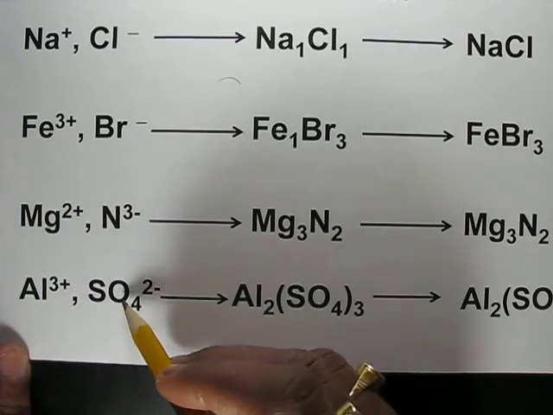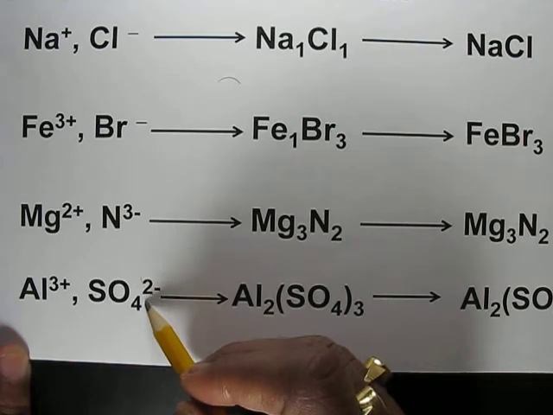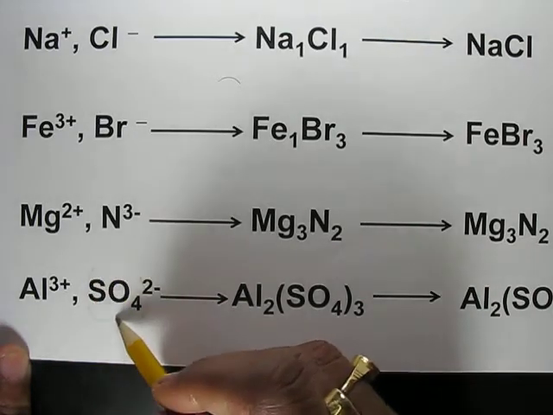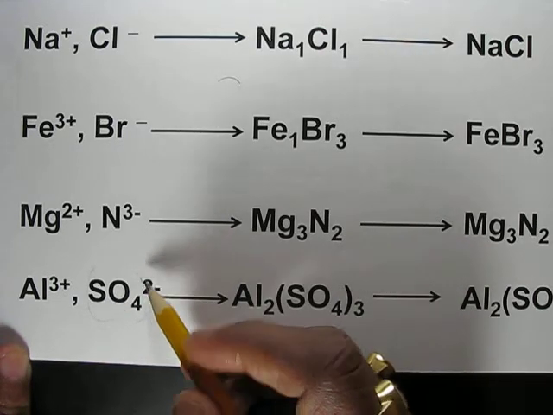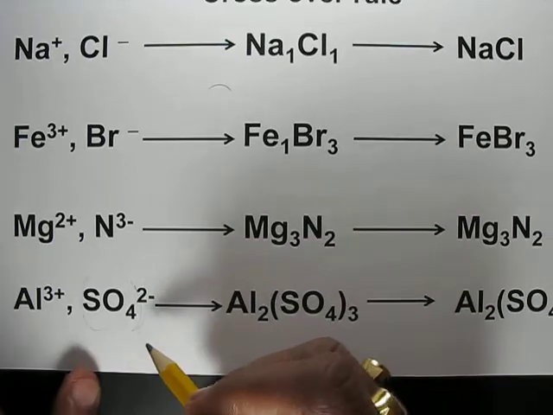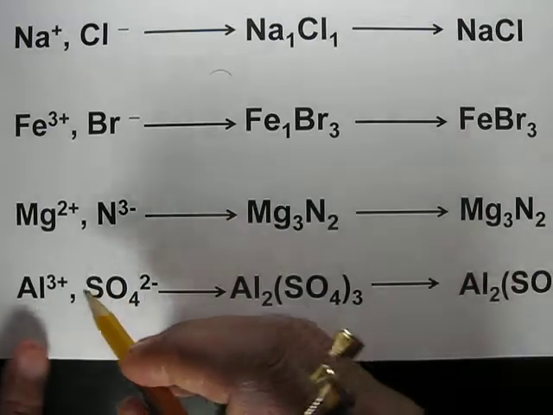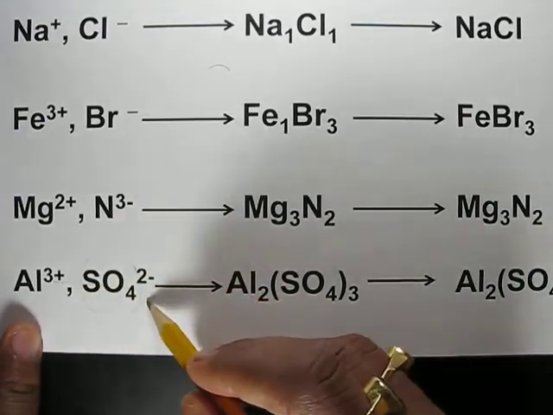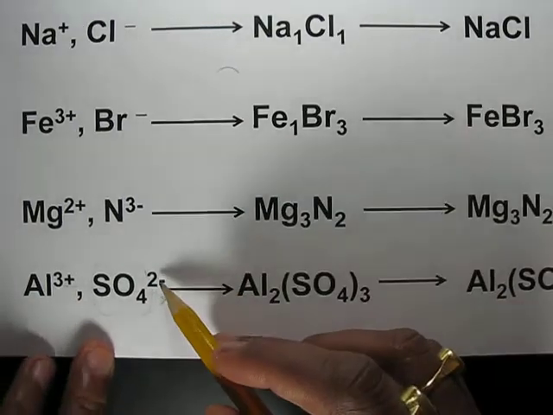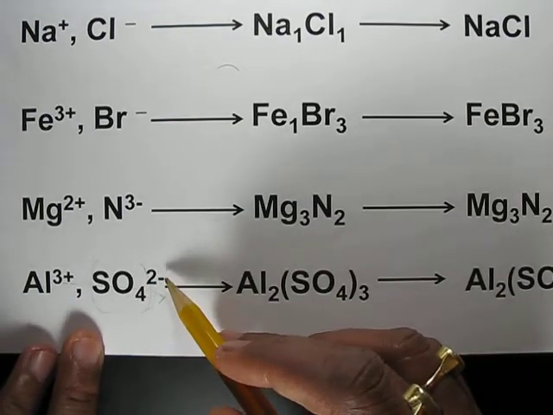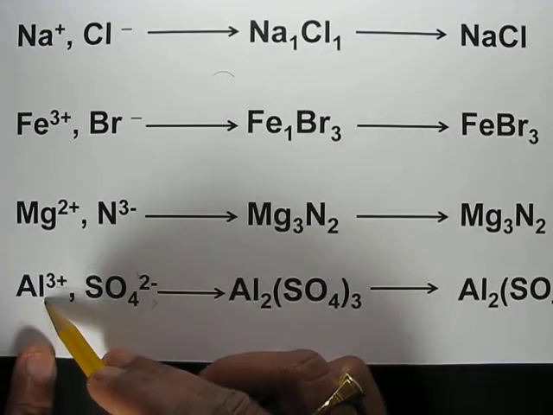Aluminum 3 plus and sulfate is minus 2. This sulfate is a polyatomic. We will see what a polyatomic is. Poly means many. So there are 2 or more atoms together, and this is a group of atoms which has a charge. So we write a 3 at the end of the sulfate, but we have to put this in parentheses, and then we use the 2 minus anion charge as a subscript of aluminum.